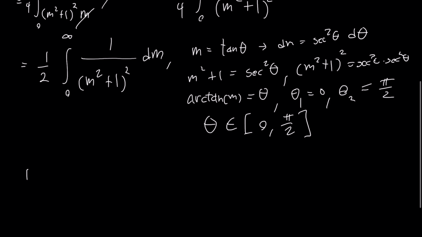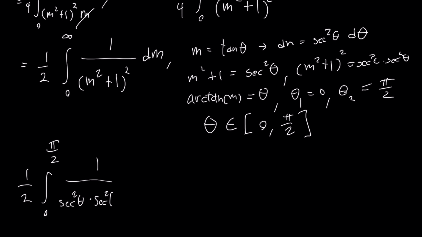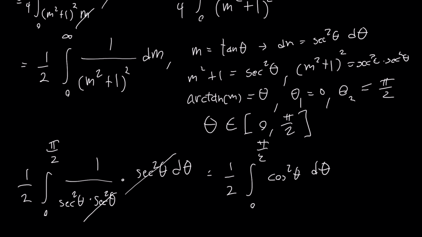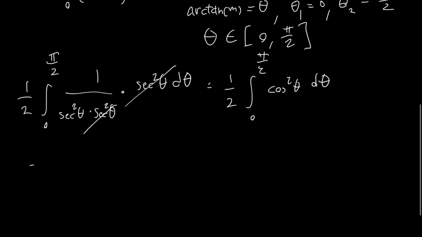So we have 1/2 the integral from 0 to pi over 2 of 1 over, we said (m squared plus 1) squared is secant squared theta times secant squared theta, and the dm is secant squared theta d theta, and you can see one of the secant squareds cancel, and 1 over secant squared is just cosine squared. So we have 1/2 the integral from 0 to pi over 2 of cosine squared theta d theta, and you could recall that cosine squared theta is 1/2 times (1 plus cosine 2 theta).